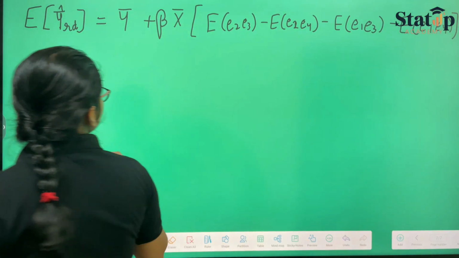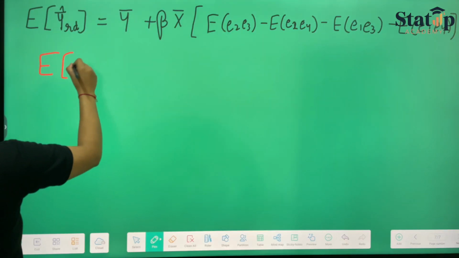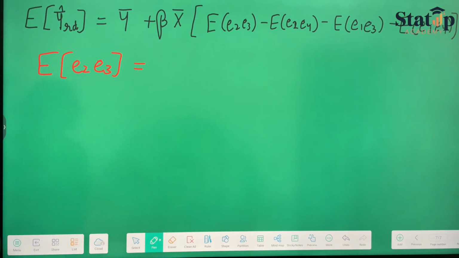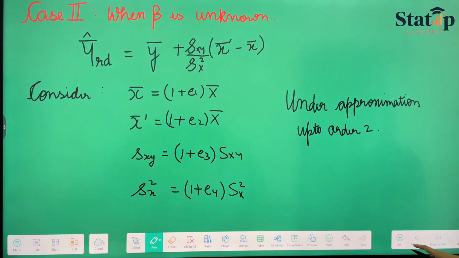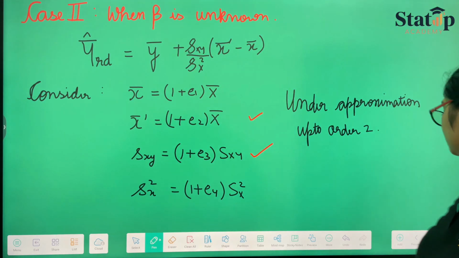Now calculating the expectation of e2 e3. e2 was based on x bar prime and e3 was based on sxy.